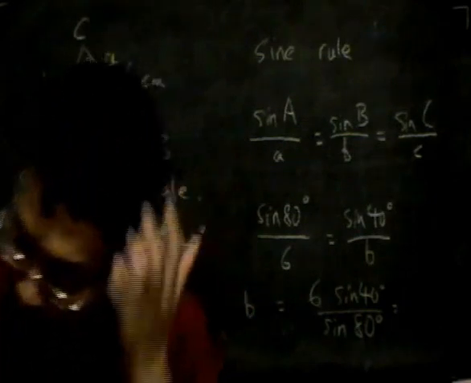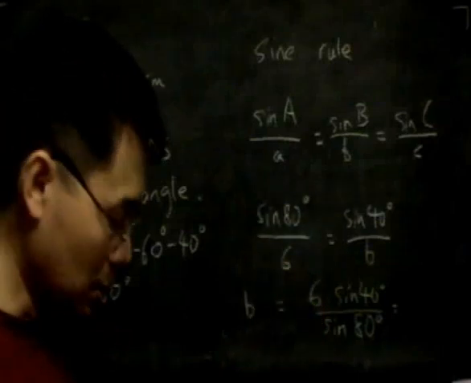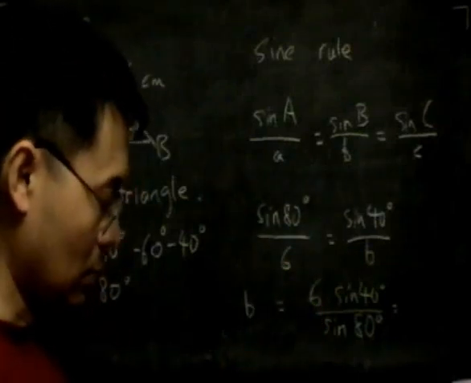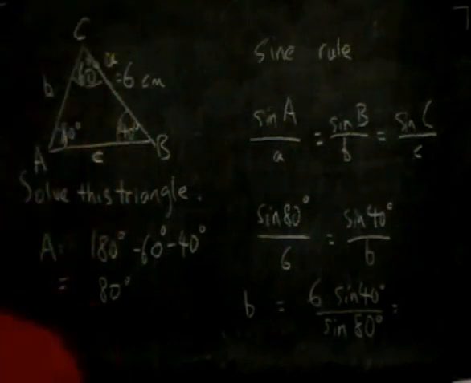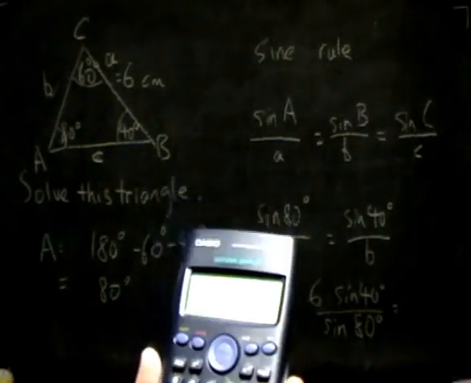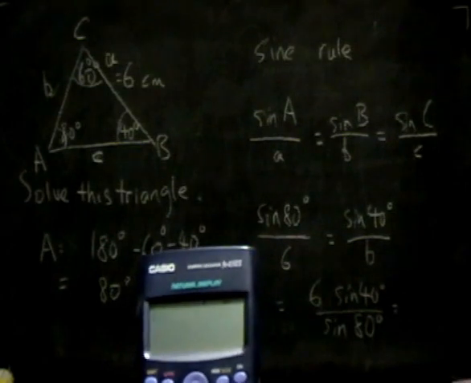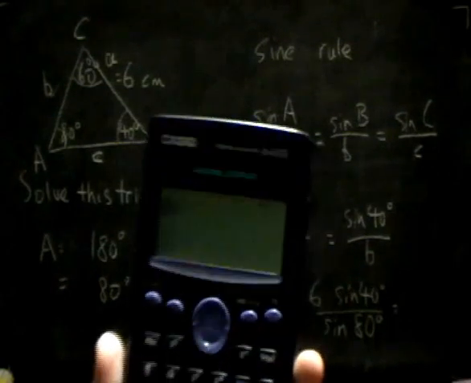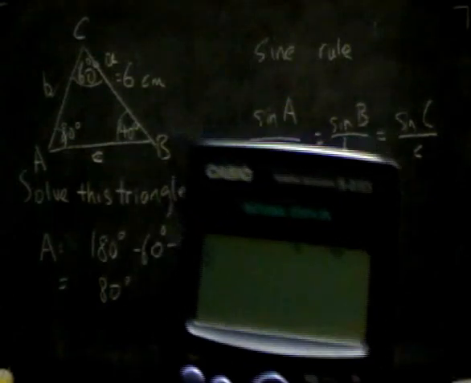So let me try and do that now. I have my calculator here. Switch that on. Right, see if you can see that. I have a 6, you see that? Just about, right?